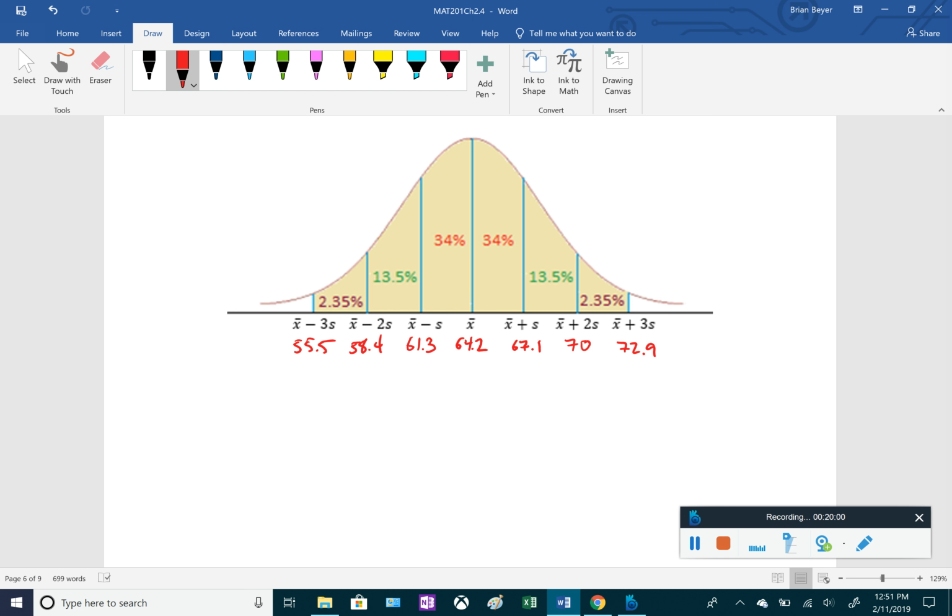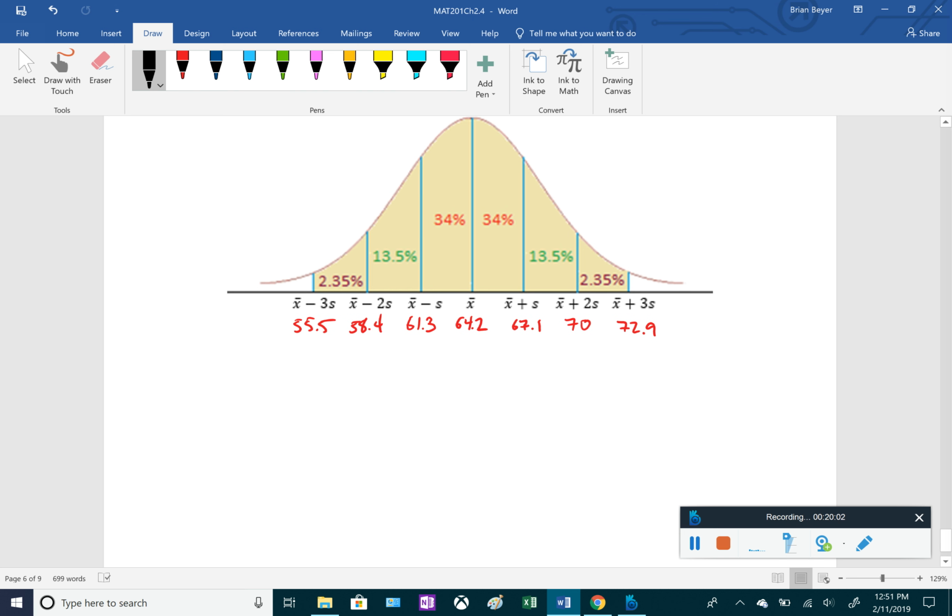So thanks to the empirical rule, we know that 68% of the data falls within those two values because they're one standard deviation away from the mean. We know that 95% of the data falls between those two values because they're two standard deviations away from the mean.